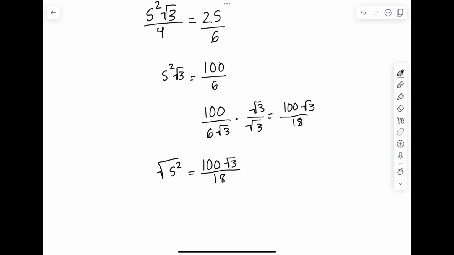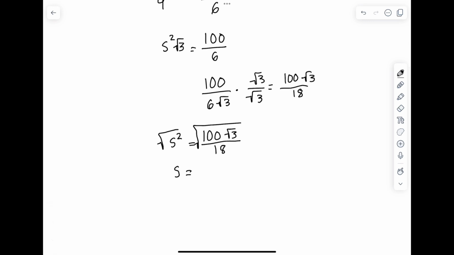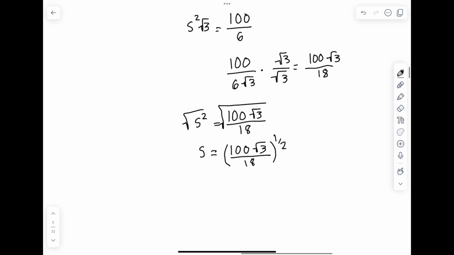So then we're just going to square root both sides. So now I have what S is equal to, and since I need the perimeter, I'm just going to do 6 times S. I just put it to the power 1/2 to make it easier for me to see.